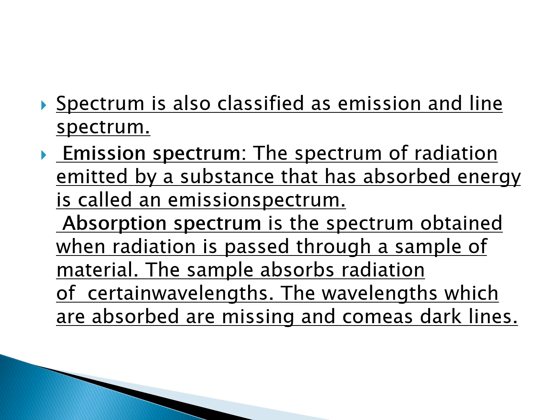Children, spectrum is also classified as emission and absorption spectrum. Emission spectrum: the spectrum of radiation emitted by a substance that has absorbed energy is called an emission spectrum. Students, atoms, molecules or ions that have absorbed radiation are said to be what? Excited.